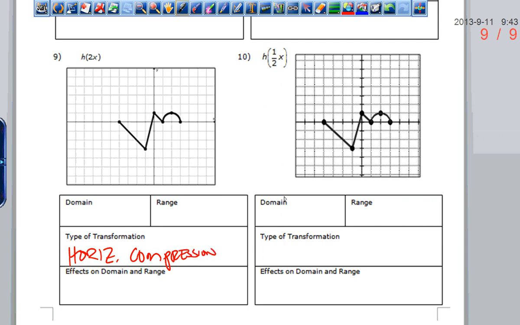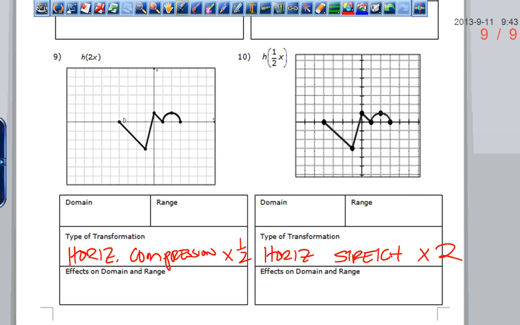And if it's smaller than 1, between 0 and 1, that's our stretch, so the horizontal stretch. And remember, this is like doing the opposite. So horizontal stretch can be by a factor of 2, or the reciprocal 1/2. For this one, horizontal compression by reciprocal 1/2. So it's opposite than what we think.